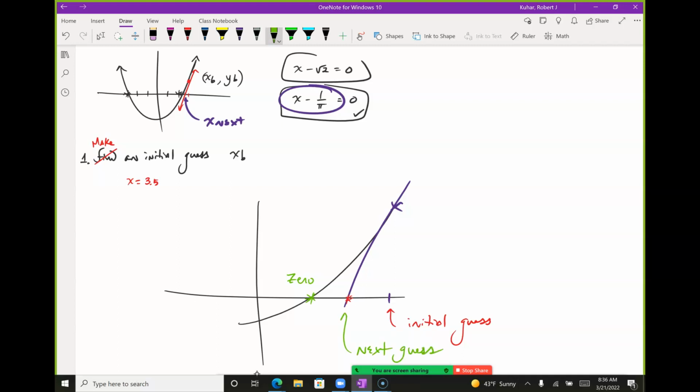And then I draw my tangent line again. And let me not make it happen that quick, right? And then there's my next guess. So you can see on this particular curve, when the curve behaves very nicely like this, it's going to just keep getting closer and closer to the zero, right?